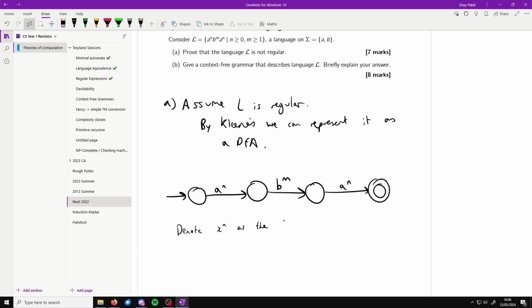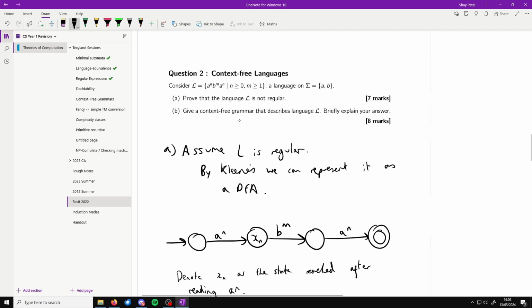Okay. And then we need to reach xm. Wait, hold up. Is it just that m is not equal to n? Because if it is... I mean, no, m can be equal to n. It's just saying that we have a bunch of a's, then a bunch of b's, and a bunch of a's, where the a's are the same on the left and right of the b's.